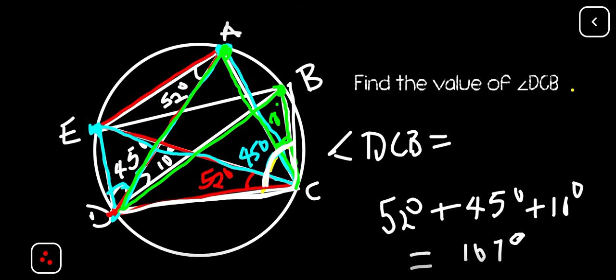Especially with what they asked us to find, angle DCB, it was very obvious that it has to be that theorem. So if you study all the theorems and know them very well, you easily see where to apply them.